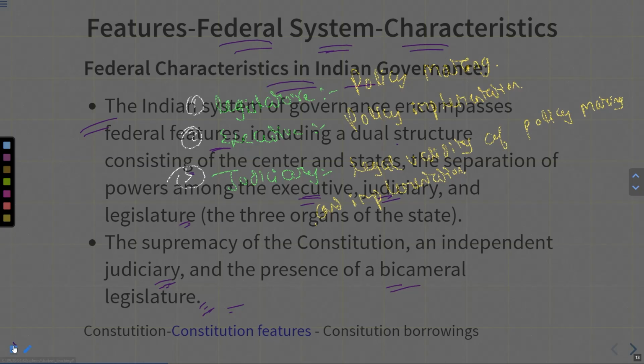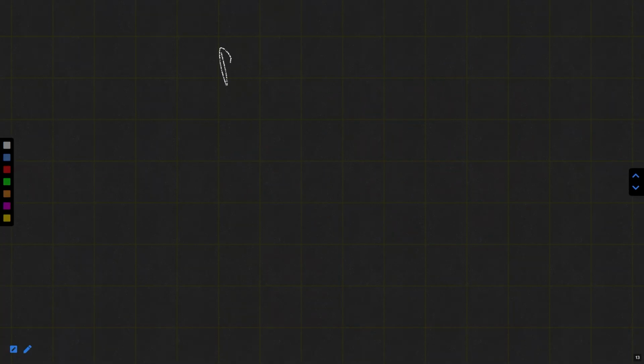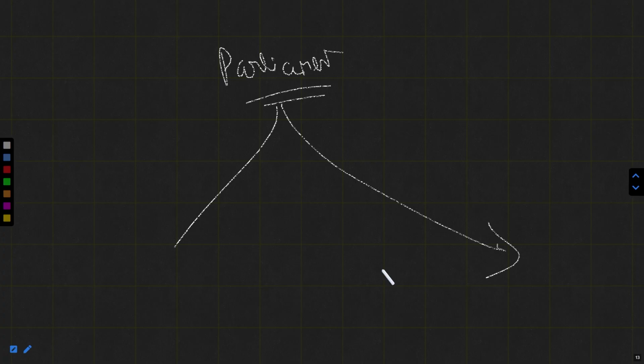What do you mean by it? So basically, when we talk about the central government, we talk about the parliament, right? In parliament, we have two houses, the upper house and the lower house, right? Which house is the upper house?